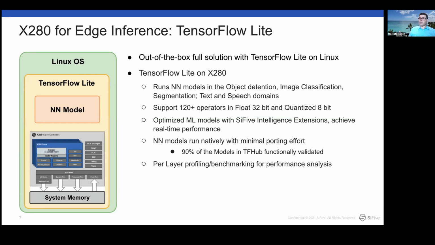Currently, we're at 90% of running all of them functionally and validated. Especially in the quantized case, you have to make sure that your quantization achieves the level of expected accuracy from these models. So we validate them with the standard that TensorFlow Lite provides, and that way you can see that you're achieving performance, but you are also within the accuracy that is important and critical for these kinds of full solutions.